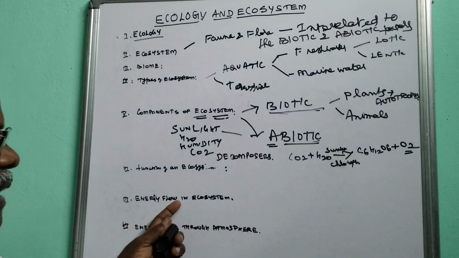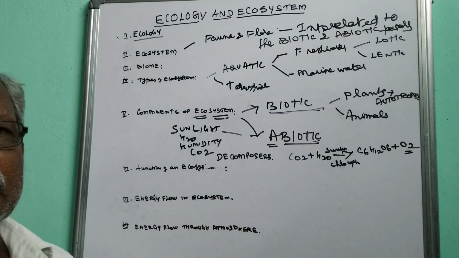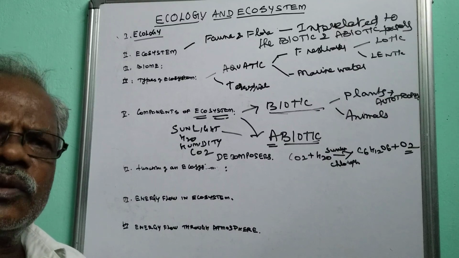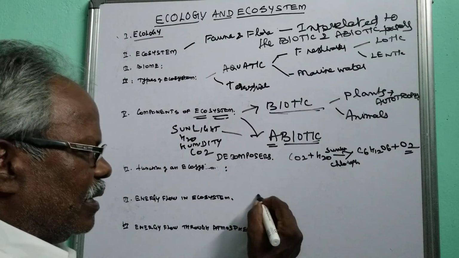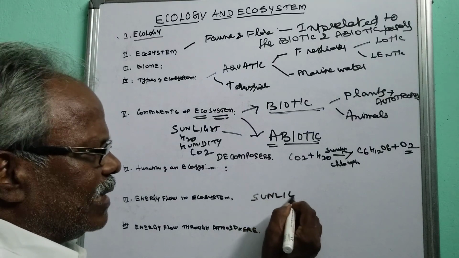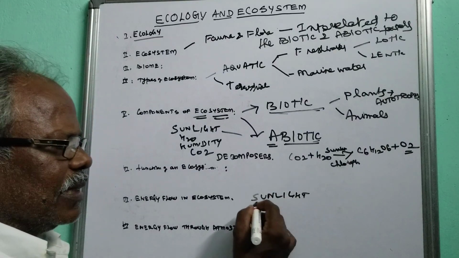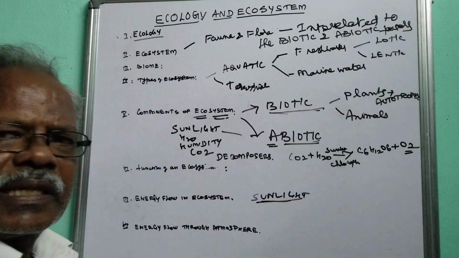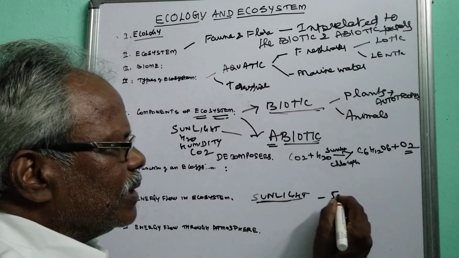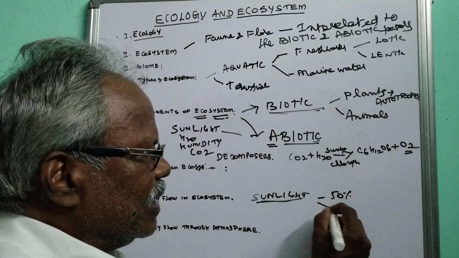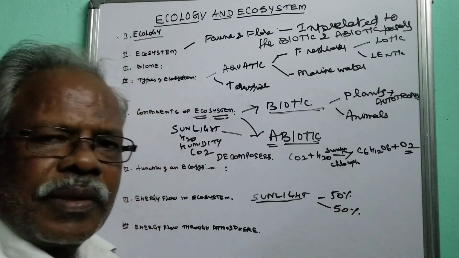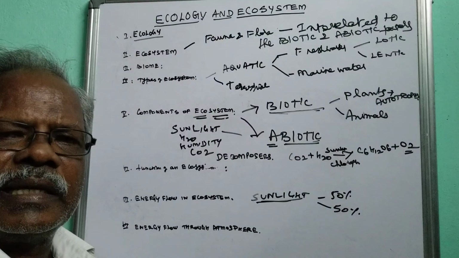Then energy flow in ecosystem. How does the energy flow? The main energy is derived from sunlight only. Of the sunlight, 50% is dissipated in the atmosphere, and 50% is absorbed by the land, the terrestrial or the earth.